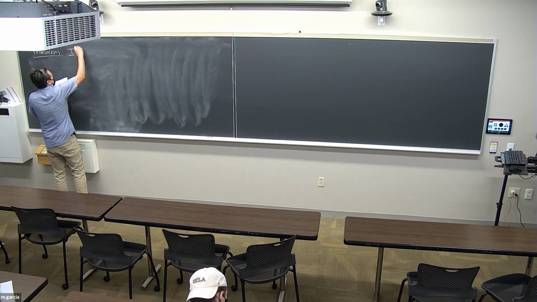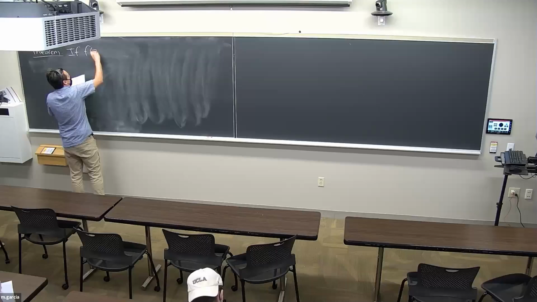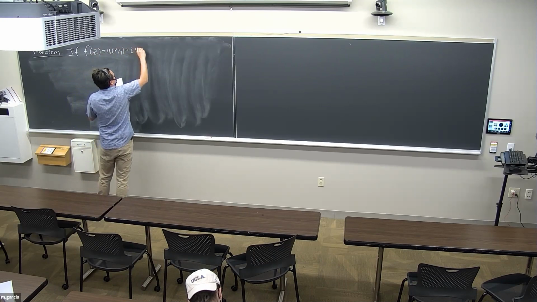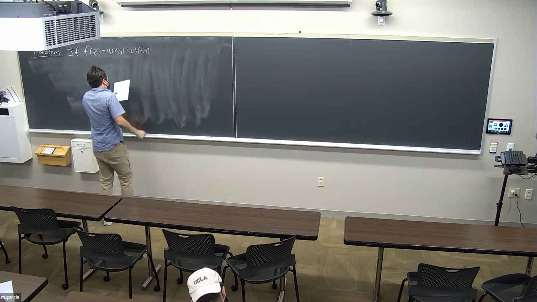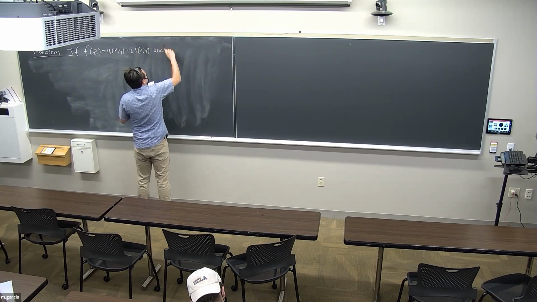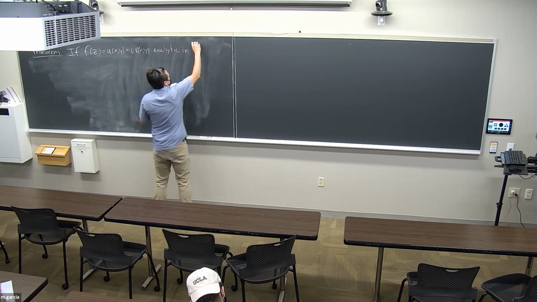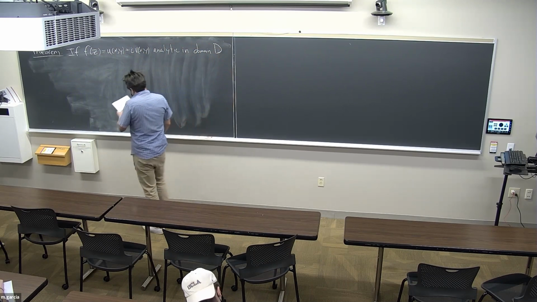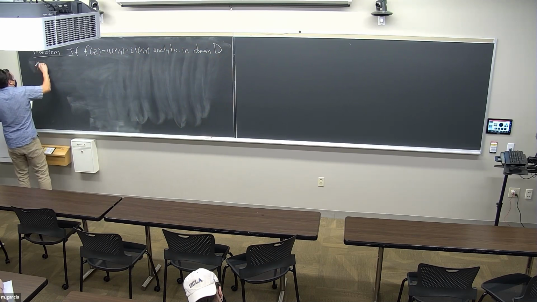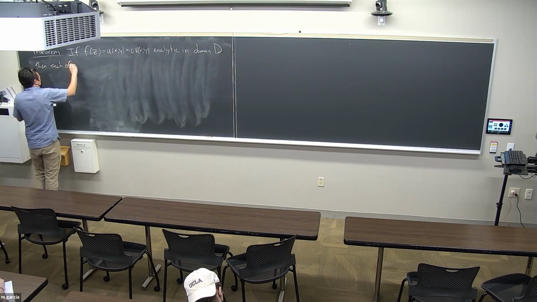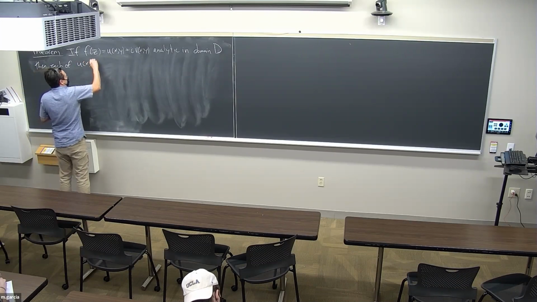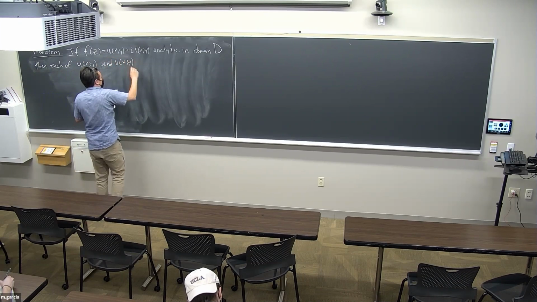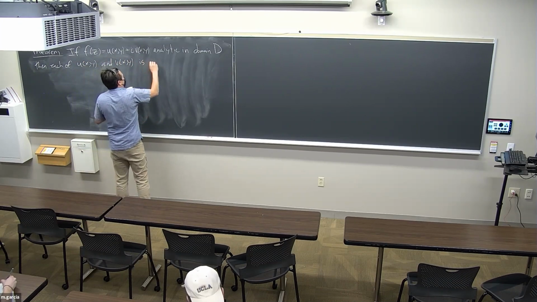So if we have some function f of z given by u of x,y plus i times v of x,y, which is analytic in D, a domain, I should say, then each of our real-valued functions is harmonic in D.